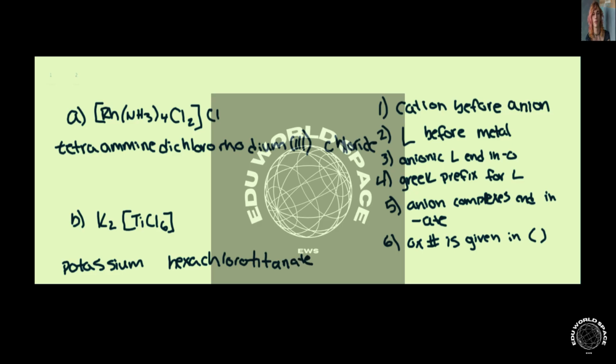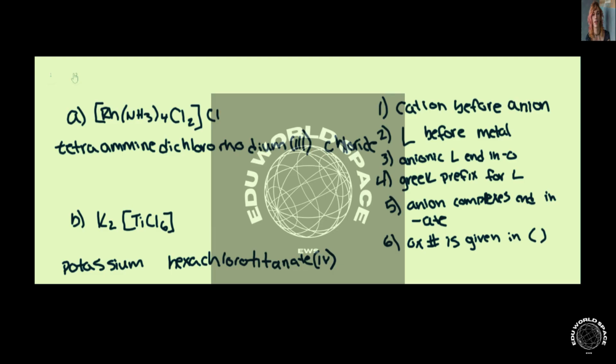So we need to end our anion complex in ATE, and we need to know the oxidation number for this metal. Chlorine is a -1. There's 6 of them. That's a -6. Potassium is a +1. There's 2 of them. It's +2. The molecule is neutral, and so Ti needs to be 4. So IV in Roman numerals.